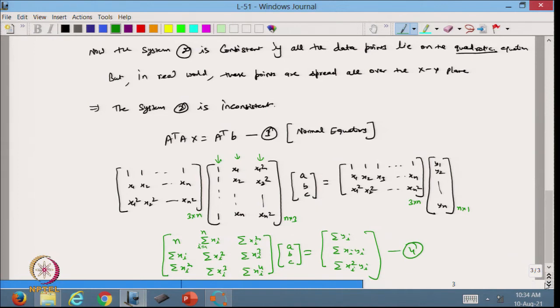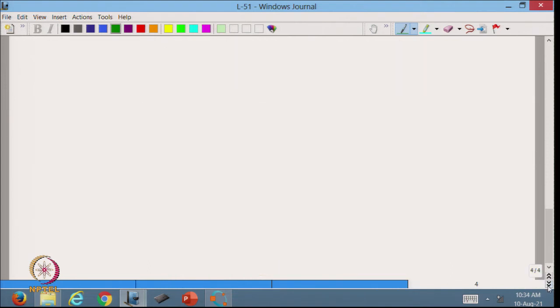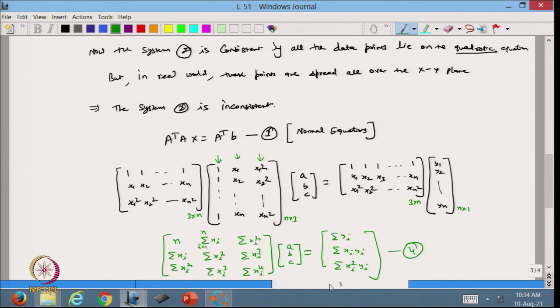So, if you see from here, this matrix is a symmetric matrix. This and this value are symmetric, this value is also symmetric.